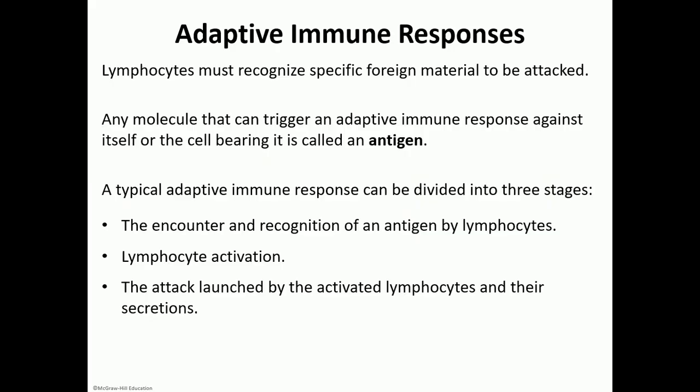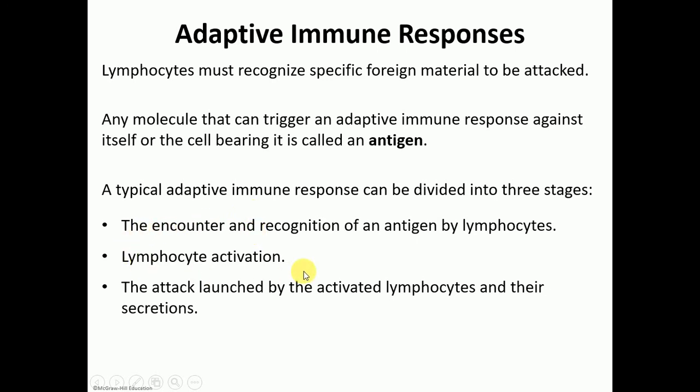So how do these adaptive immune responses work? First off, you have to have an antigen, and that antigen has to be encountered and recognized by your lymphocytes. And we said that whether it's a B lymphocyte or helper and cytotoxic T cells, they all have the ability to encounter and recognize the antigen.